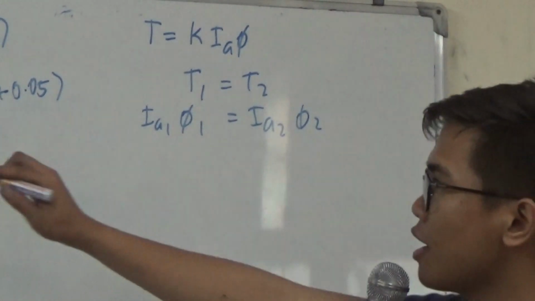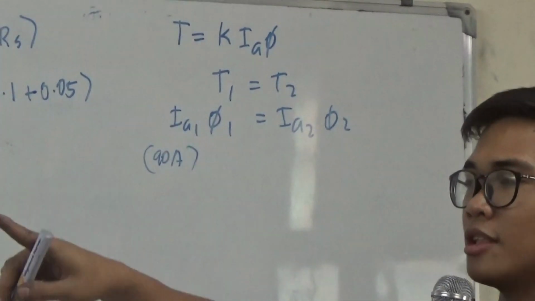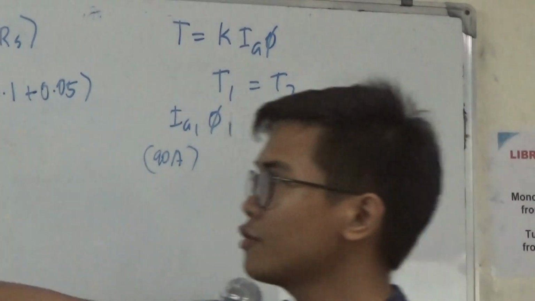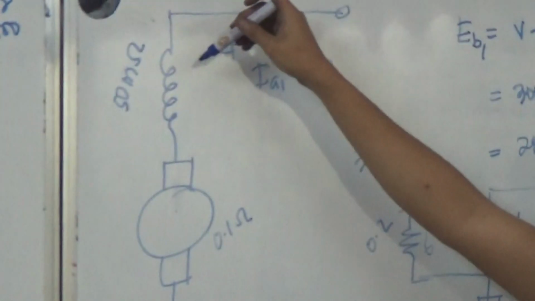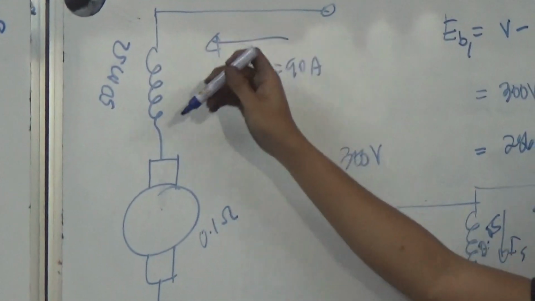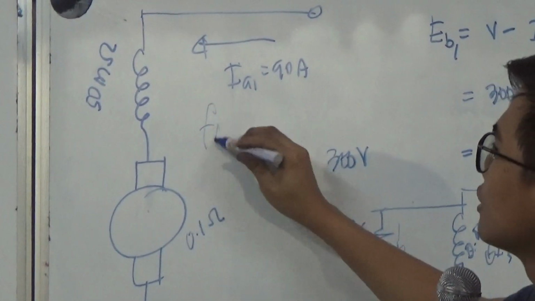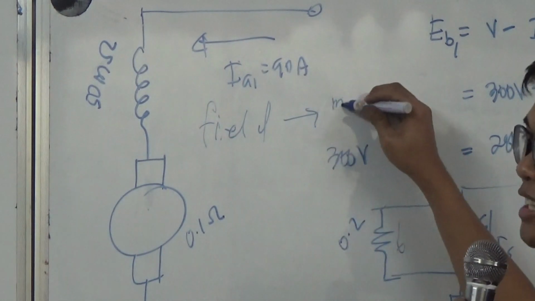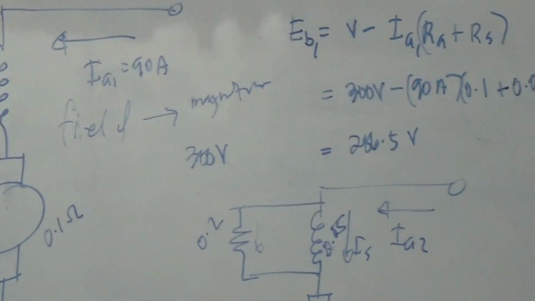So, sabi sa IA1 is 90 amps. Si flux 1 naman, sabi, assume the flux is proportional to the field current. From the first condition, ang kuryente sa series field is 90. Yung meaning of field itself, that means it's connected to the magnetism.